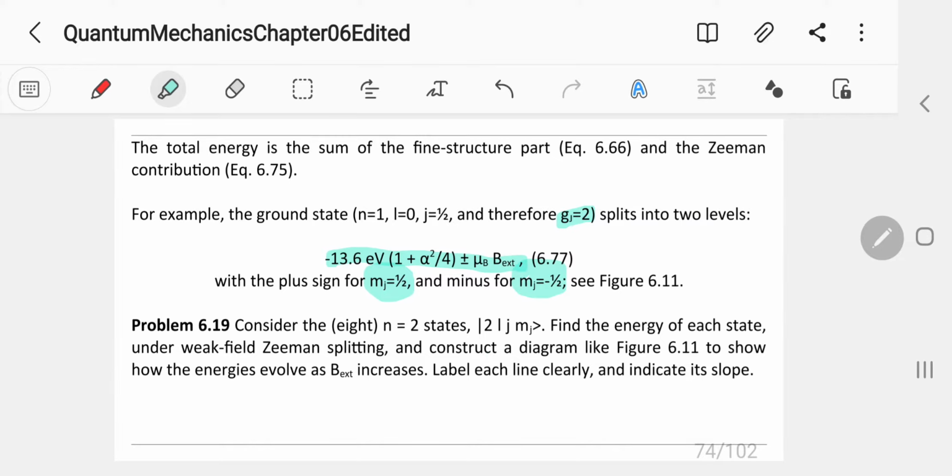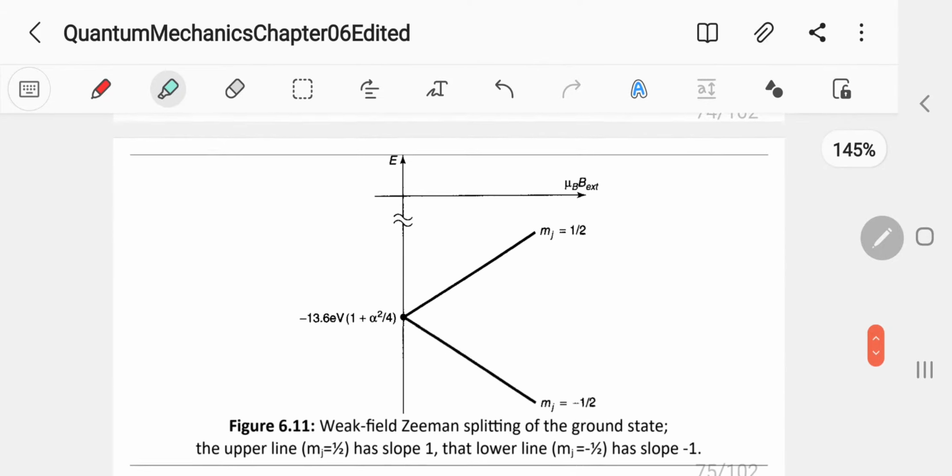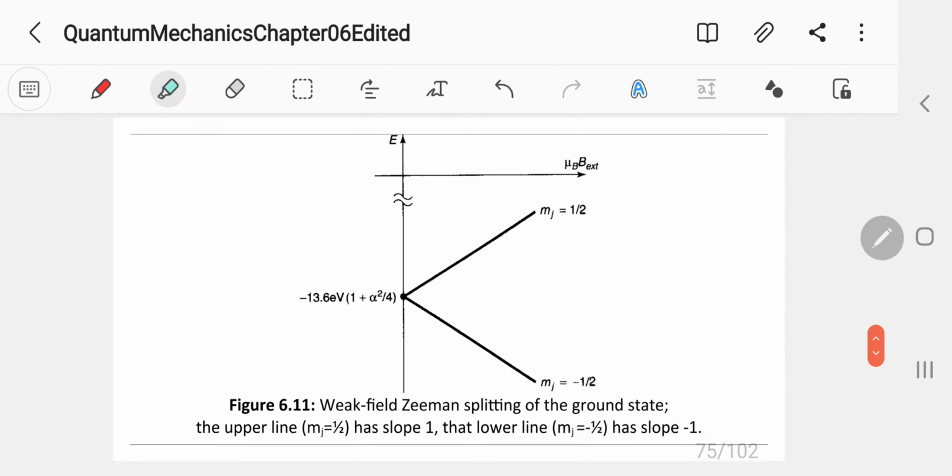So it will split into two, and the graph for that would have to look like this. So that's the weak Zeeman splitting for the ground state. The upper line is mj equals 1/2 and has a slope of 1, and the lower line is mj equals -1/2 and has a slope of -1.